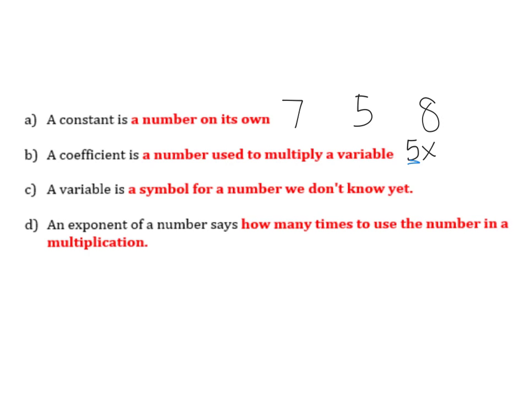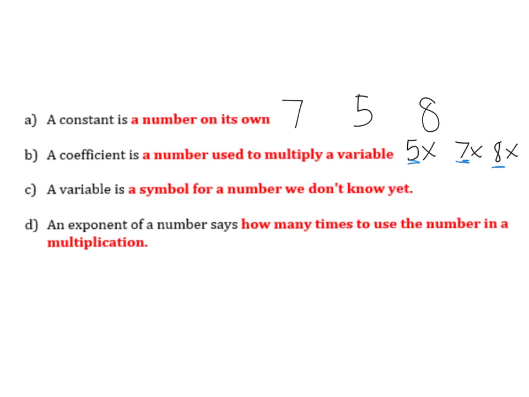And if I had 7x, again, 7 is being multiplied by a variable, and so 7 would be our coefficient. And if I did 8x, then 8 would be our coefficient because it's being multiplied by a variable.